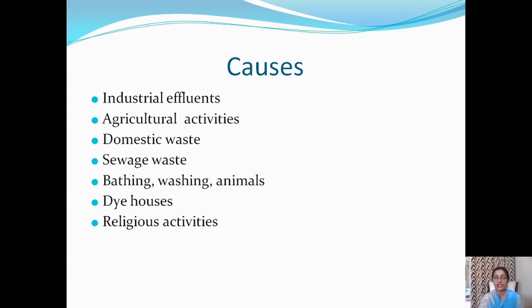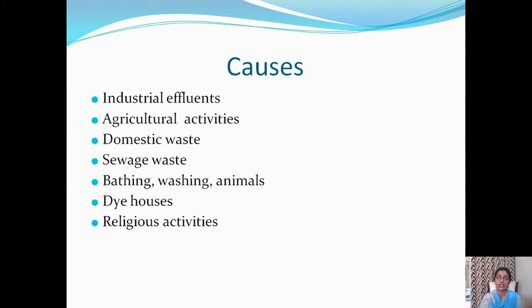In agricultural activities, we use pesticides, fertilizers, chemicals, and some amount of that seeps into the ground. Domestic waste and sewage waste is released or drained into rivers. Some human activities like bathing and washing also contribute to water pollution.